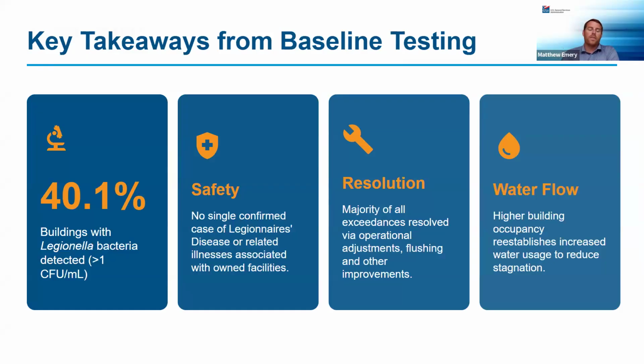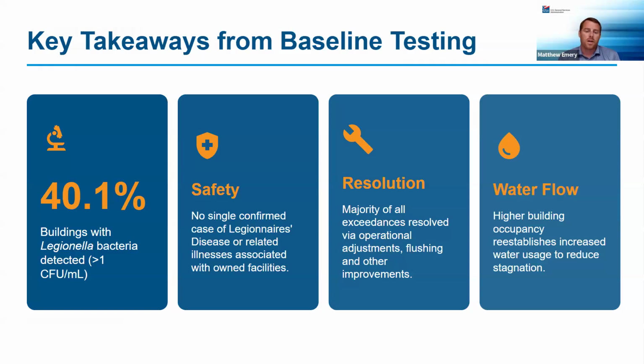We found Legionella in 40.1% of the buildings. That's greater than 1 colony forming unit per milliliter. What's important to note is we were expecting closer to 50% based off conversations with the CDC and industry experts.